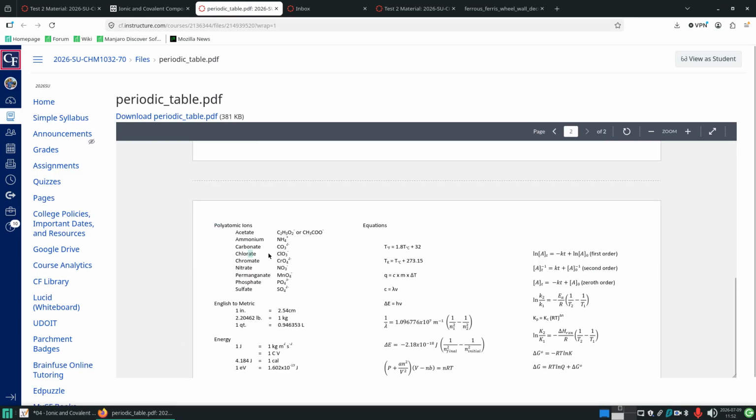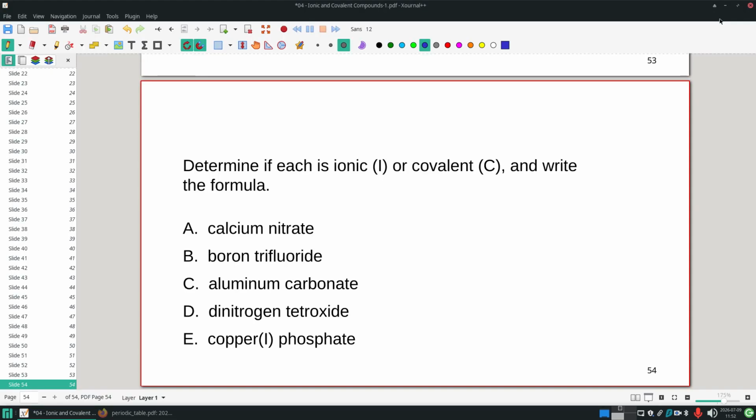Nitrate is one of my polyatomic ions. So using that periodic table, we would find that calcium is a 2+, and nitrate is an NO3-. I would need 2 nitrates to cancel that out. So this is ionic, because a bunch of ions, and it is calcium nitrate.